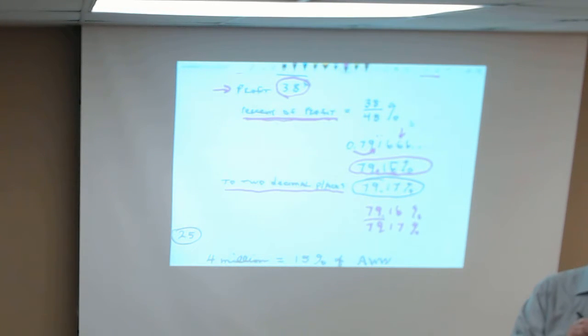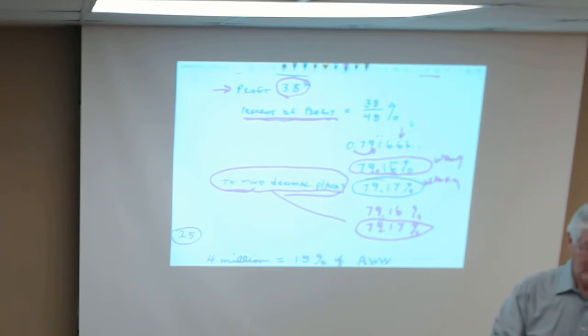So there's the correct answer. This one is wrong. And this one is wrong. Because this is what they want you to give them. Correct to 2 decimal places. No, this one's right. Sorry about that. That one's wrong and this one's correct here.